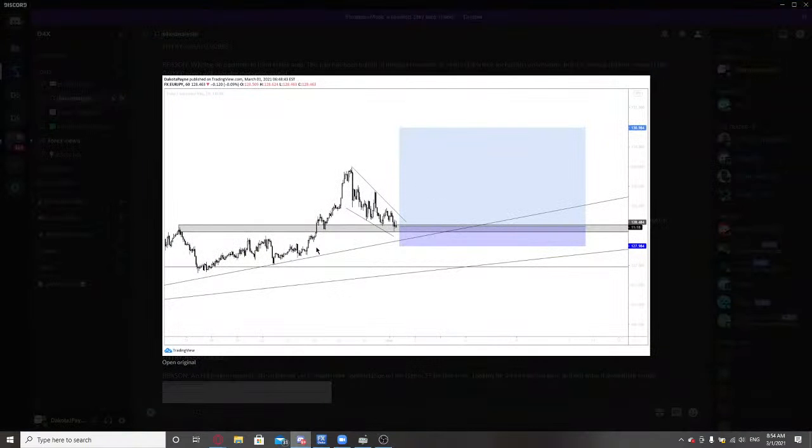Let's go ahead and look at that. Same thing. Of course, if you go through almost all my screenshots, the continuation setups, this is what it looks like. I have an impulse, I have a pattern or a correction, and then I enter for a buy and look for a continuation.